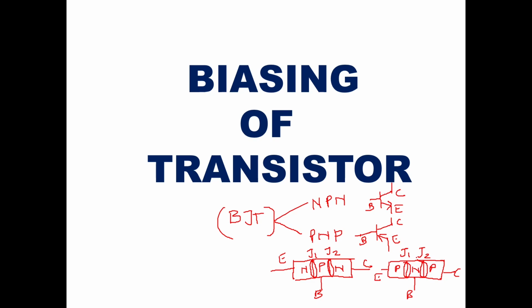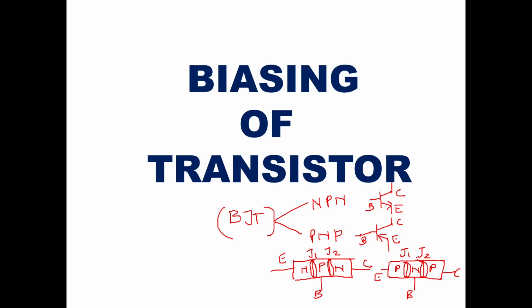Because it has two junctions, it is called bijunction. And in that we have NPN and PNP. All the next points we can speak for NPN and also for PNP, both mean the same, but we'll always take the reference of the NPN transistor.